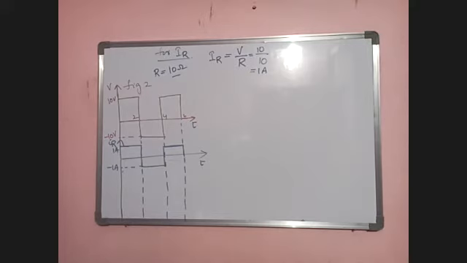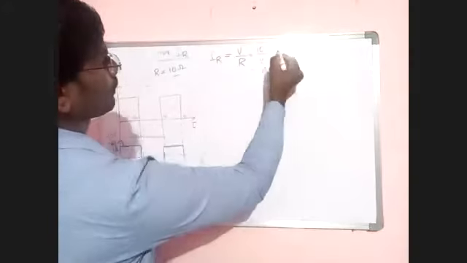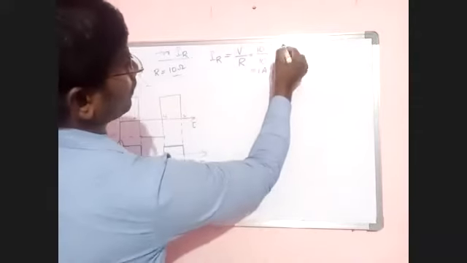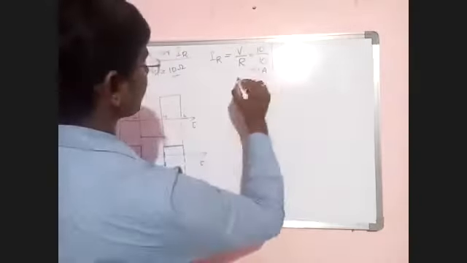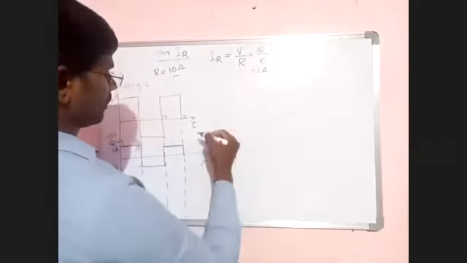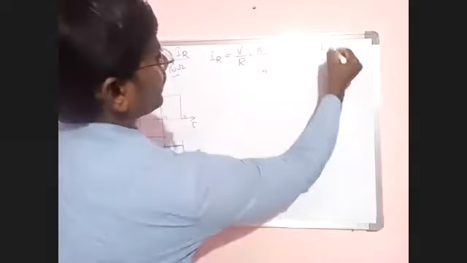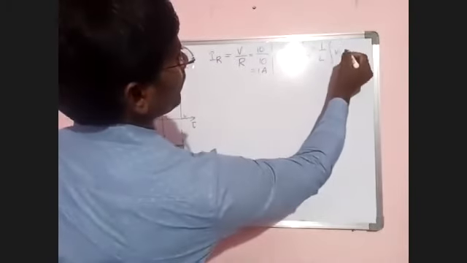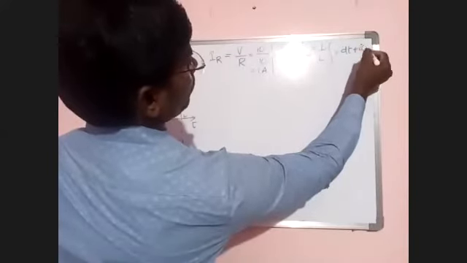Now, come to the second one, for I L. I L is equal to 1 by L integral V dt plus I of 0.